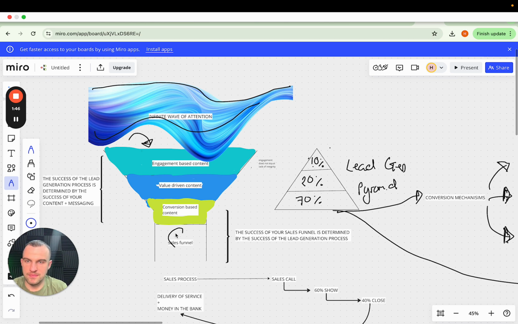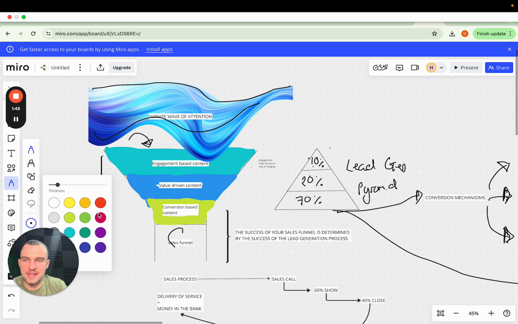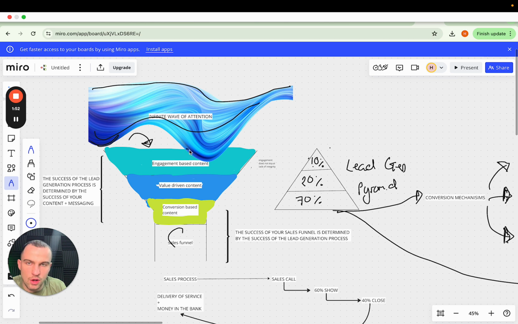Why waste the time? What we want to be doing is spending time focusing on these qualified people. We want to stop these people and bring them into our funnel. And we do that by making really high percentage engagement-based content. Now, engagement-based content does not equal a lack of integrity.